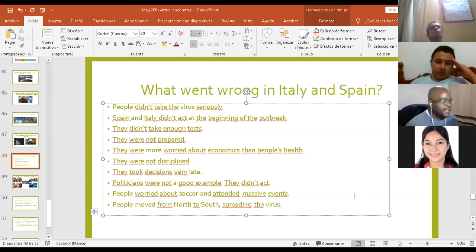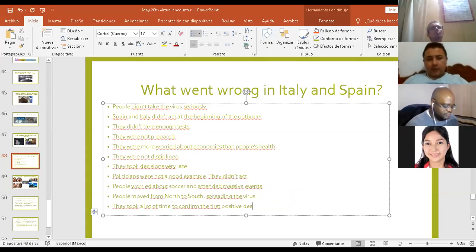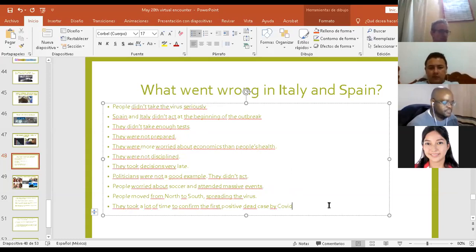They took a long time to confirm the first death. A month later. But even after they knew that it was positive, they just didn't believe it was serious.